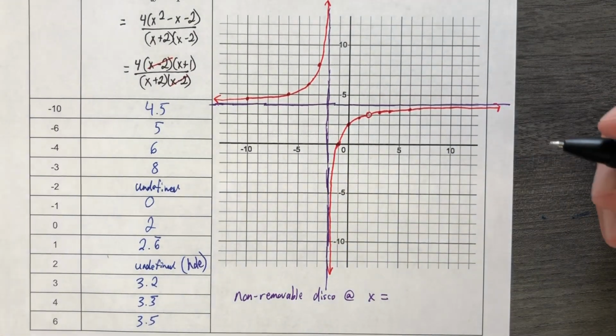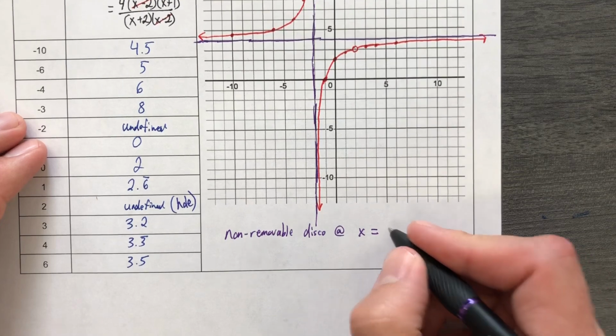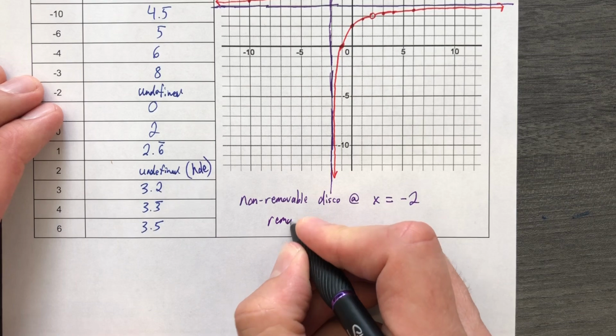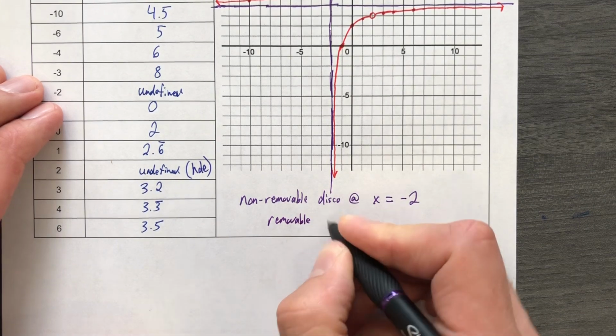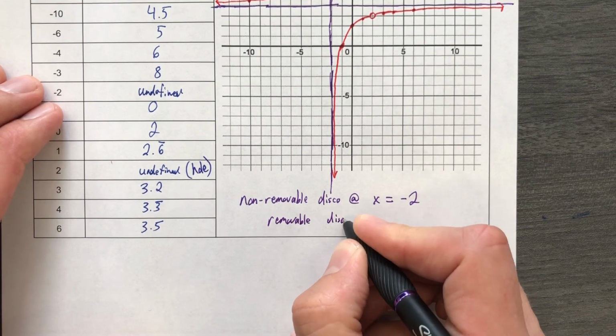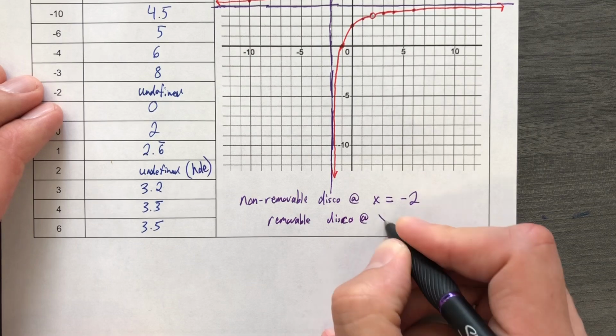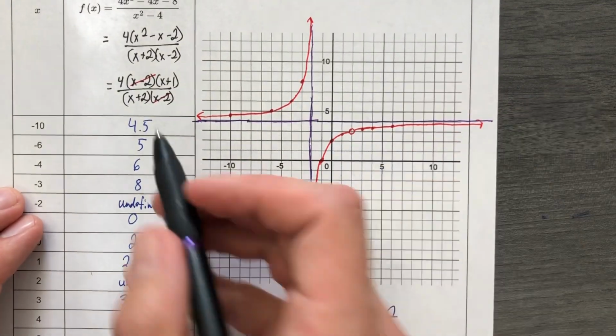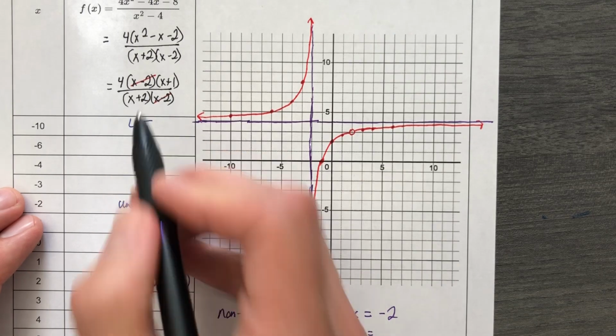That is non-removable. You can't fix that pothole. That's not a pothole. That happened at x equals -2. That would be this one right here. You have a removable discontinuity at x equals +2. There it is. We could see it here because that's the factor that would cancel out.